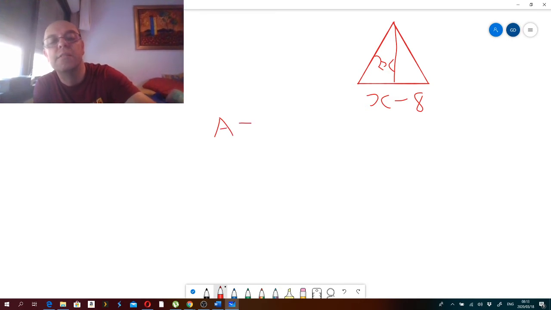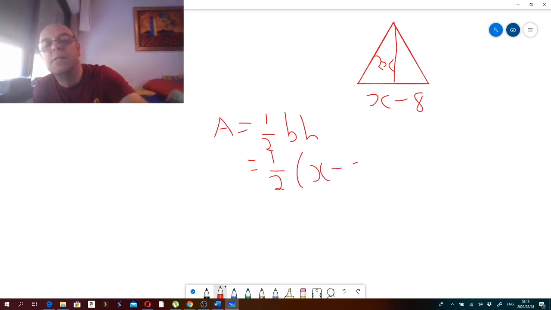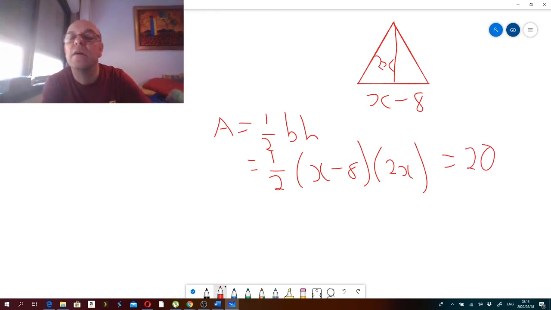We all know that it is a half the base times the height. Well, what's the base in this case? Let's fill it in. Half x minus 8. And what's the height? 2x. So all of this must be equal to what? Well, they told us that it's equal to 20. Okay, so there we have a formula for working out.